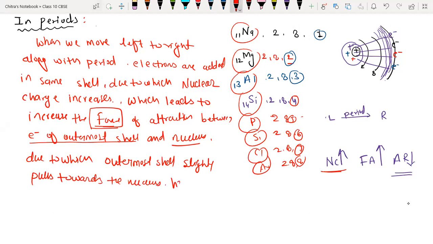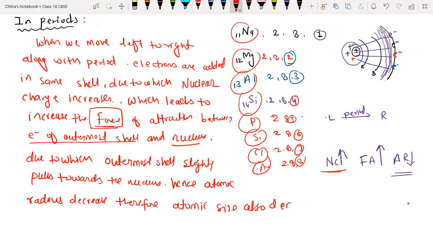Hence atomic radius decreases. Therefore, atomic size also decreases from left to right in a period.